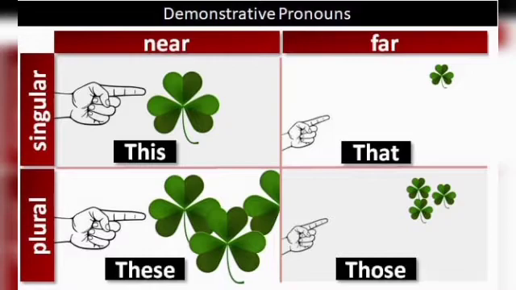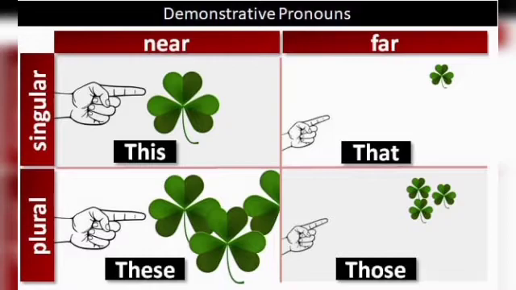So we have used the word that leaf. In the first picture we have used this leaf, because it was near; that is used for the objects which are far. So that leaf. This is when we have singular things. Now let's see the next picture.